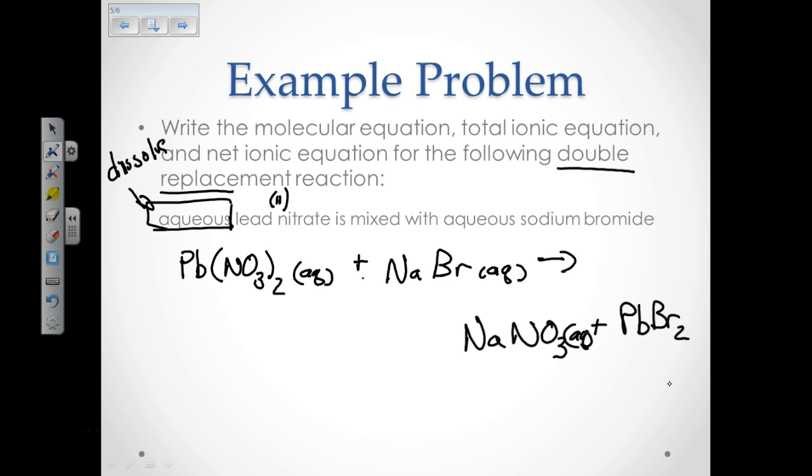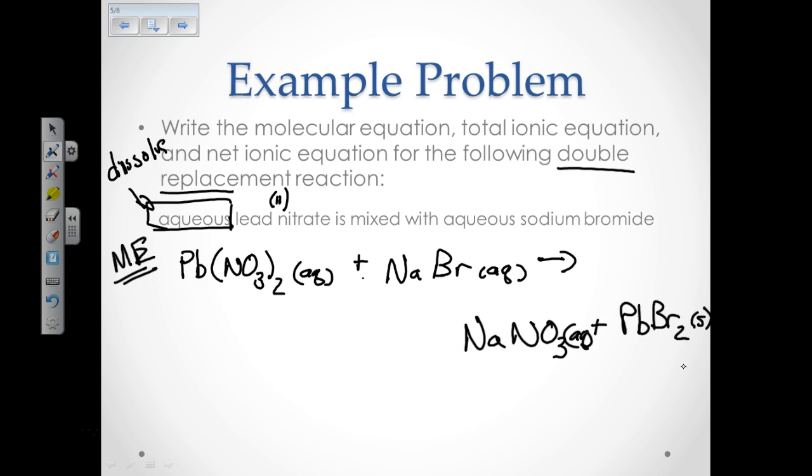For bromides, almost always soluble except for silver, lead, and mercury, so this one is going to be a solid. Ionic compounds have a tendency to form solids, and it comes out of the solution. So that is the molecular equation.